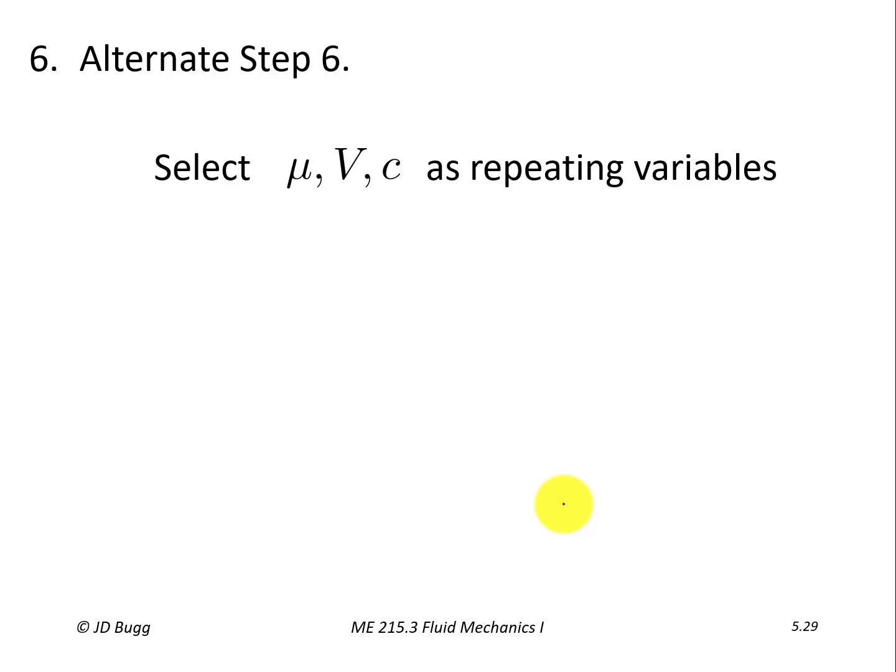We haven't chosen our dependent variable. And also, it's impossible to arrange mu, v, and c to form a dimensionless group. So it's a valid set of repeating variables. So if we proceeded with this choice, and we'll go through this a little bit quicker, our pi 1, again, would be the repeating variables, each raised to a power, multiplied by our dependent variable.